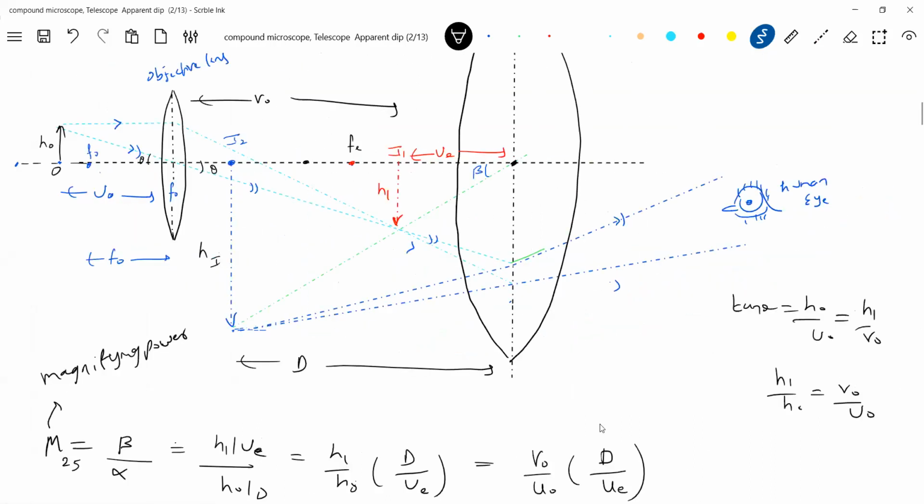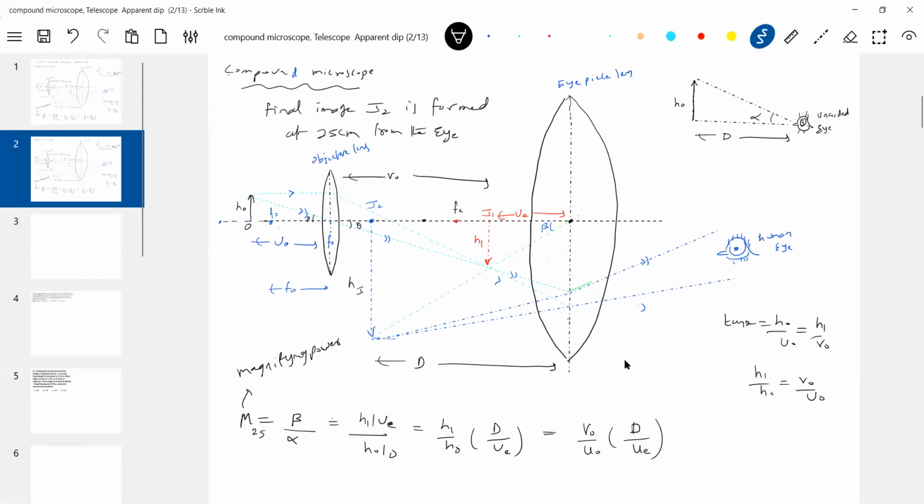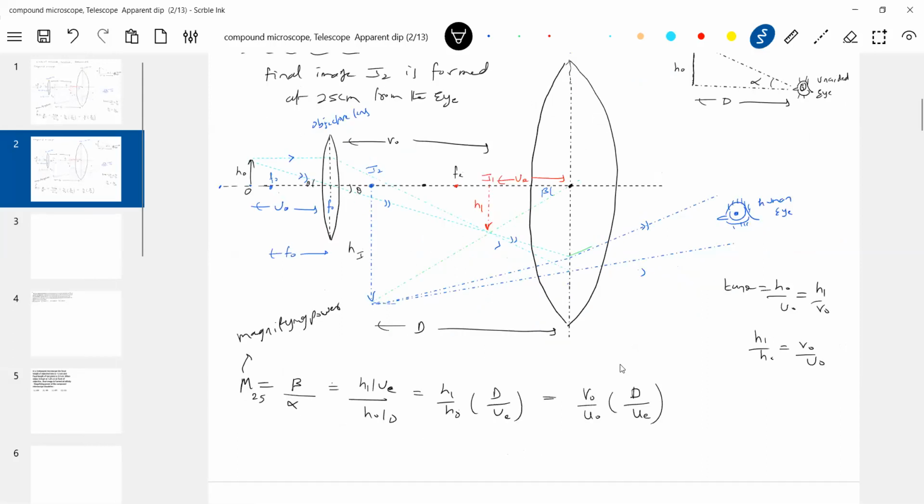But what is the unknown thing? That UE is unknown, no? How to bring that UE? I'll go for this particular one.